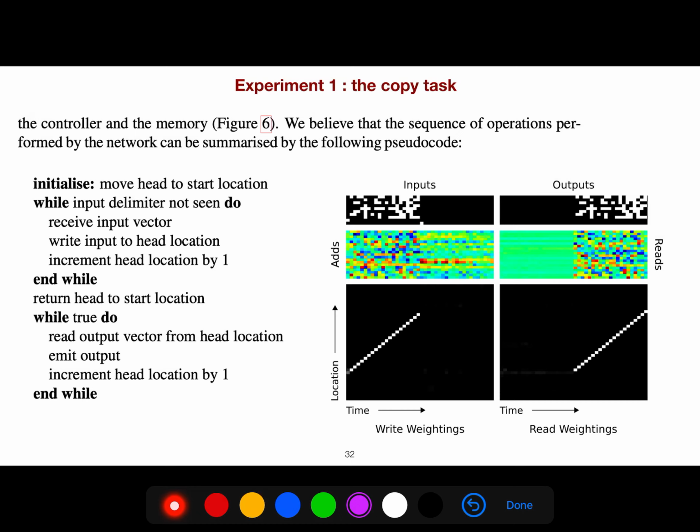And because it's a bunch of 0 and 1, just like firing or not firing of neurons in your brain, we have 0 and 1 in different locations. So as time passes, you go to different locations for both write and read.